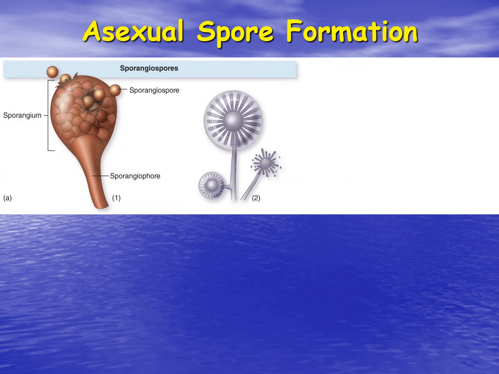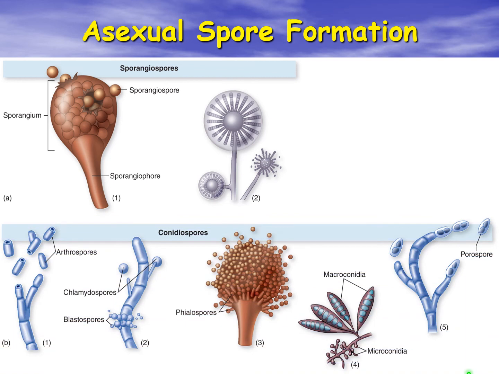So here we have the sporangiospore. We simply will have these cells that undergo binary fission within the sporangium, and then this capsule will rupture and release all of the reproductive spores at the same time. Versus the conidiospore, which will simply branch off from each of the ends of the reproductive hyphae and produce the dandelion-like head of spores.